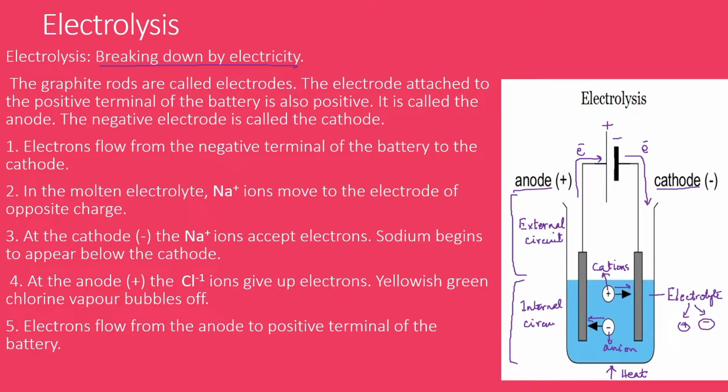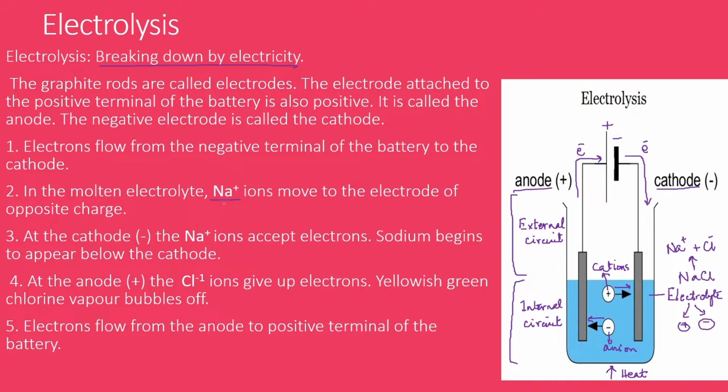Now consider that our electrolyte is molten NaCl, so it will ionize to form sodium ions and chloride ions. The sodium ions will move towards the cathode as they are positively charged and they are cations.